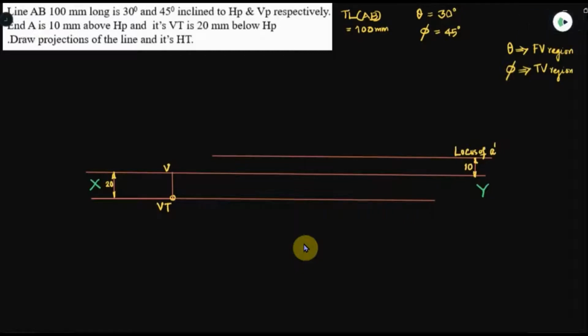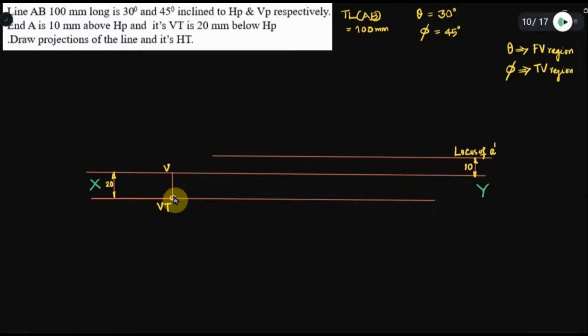Now I will consider the portion below XY as the top view region and the portion above XY as the front view region. Accordingly I will proceed. I will take the angle theta, here 30 degrees, from VT, but the front view region is the region above XY, that is our assumption, and naturally even otherwise your A dash is above XY.